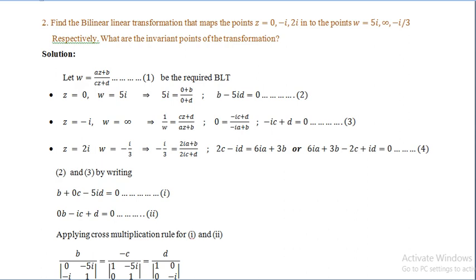So plus 2c, then minus di, then 3 into 2i is 6ia, 3 into b is 3b. After rewriting these terms, we get 6ia plus 3b minus 2c plus id is equal to 0.